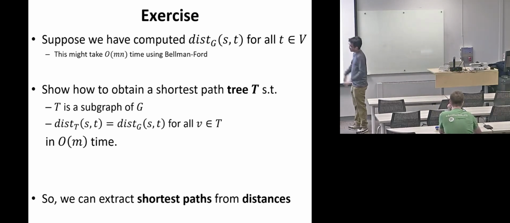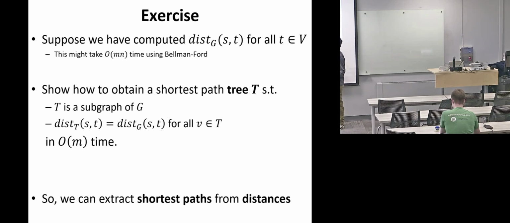Now, this exercise I will let you think about at home, but let me tell you what I want. Suppose that I have computed the distance for each node that we learned today. But what we really want is a path from S to everyone.